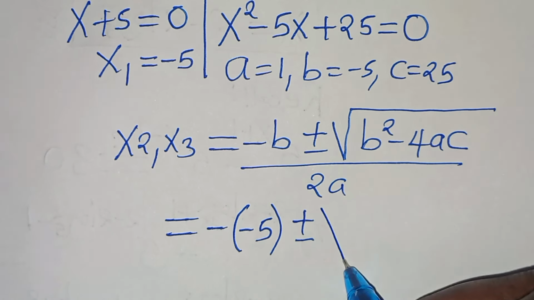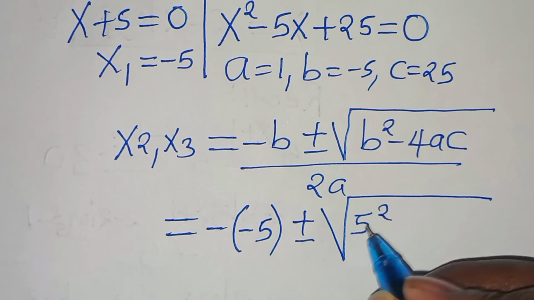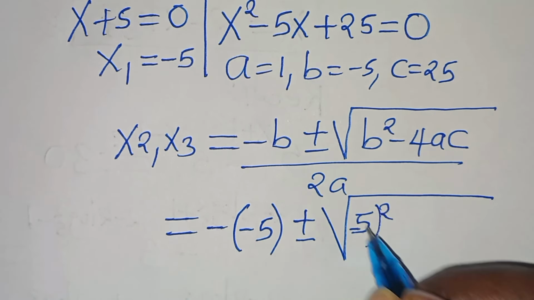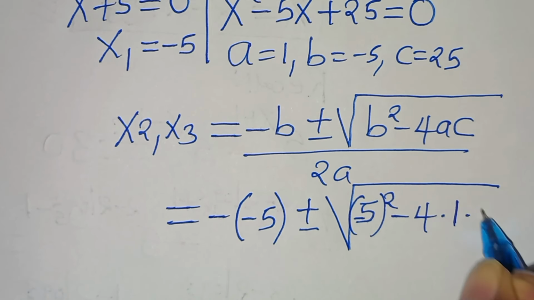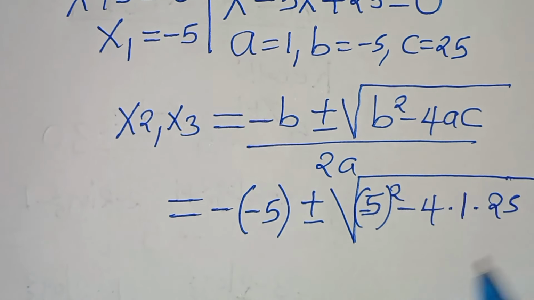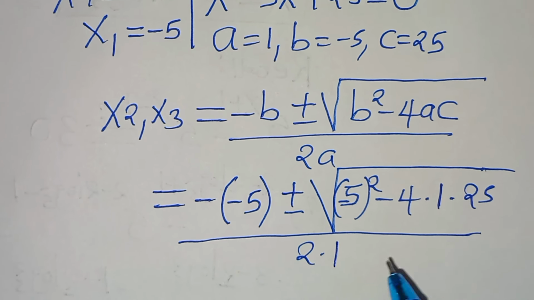Let's substitute the values of a, b, and c so that now we have minus 5 plus or minus the square root of 5 squared. Now this is minus 5 squared, then minus 4 times a, which is 1, then times c, which is 25, everything divided by 2 multiplied by 1.